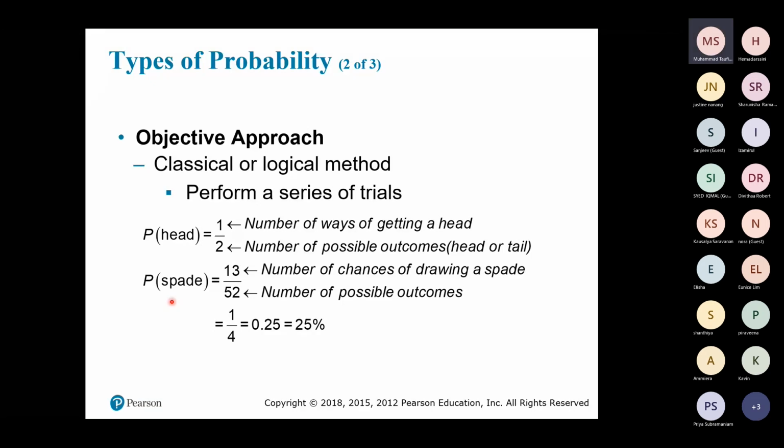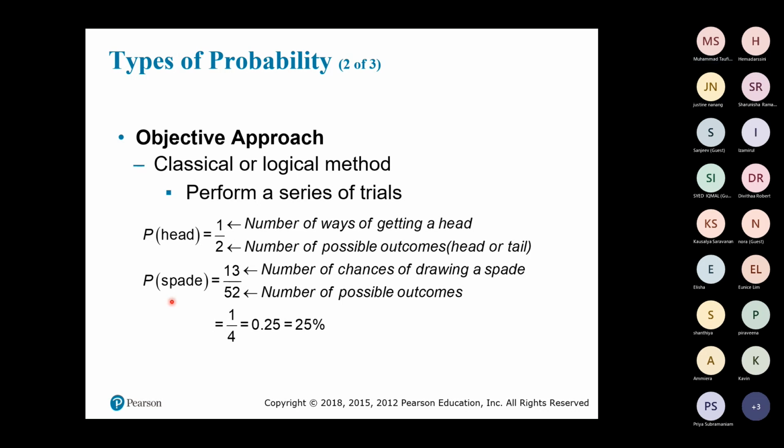That means if you pull 4 cards randomly out of the deck, one of the cards must be a spade. So that is the meaning of the numbers. There is a 25% chance that you will get a spade.